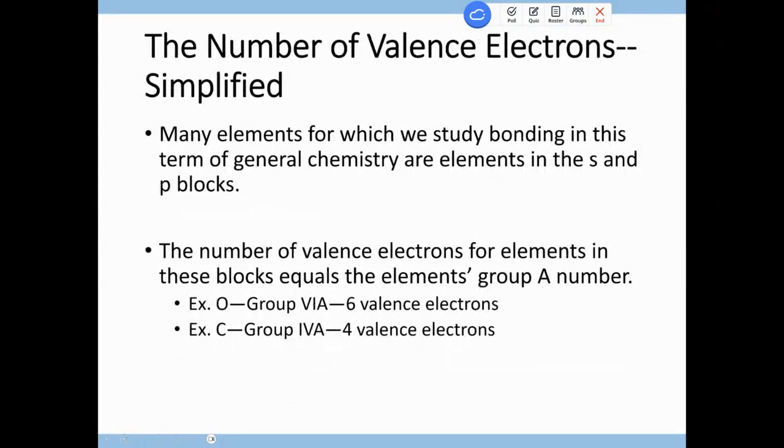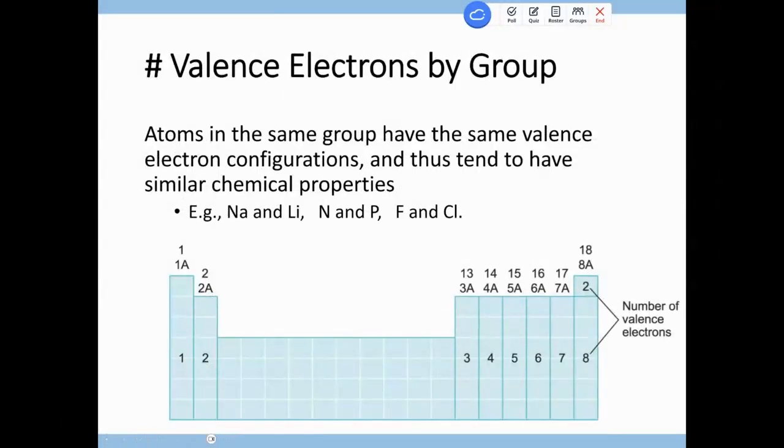But most of the atoms that we talk about in our course are in the S block or the P block. And so to find the number of valence electrons for those atoms, we can look at that labeling with the A letter here, and that's the number of valence electrons. So 7A, 7 valence electrons, 6A, 6 valence electrons.